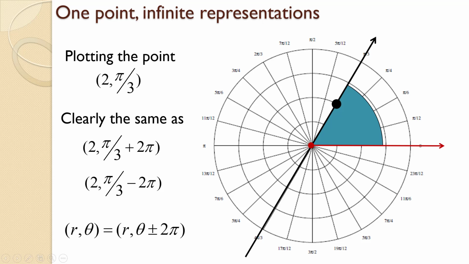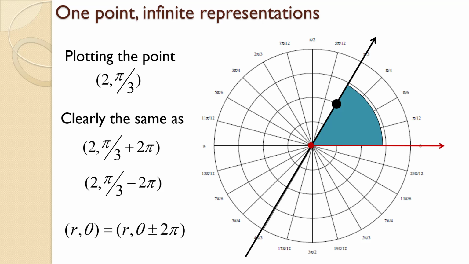You could also first go a rotation of π/3 and then add a negative 2π, going clockwise, going backwards, but the end result is that the line would be in the exact same position with the exact same positive direction. So the point would have the same directed distance from the origin, and the point could then be called (2, π/3 − 2π).